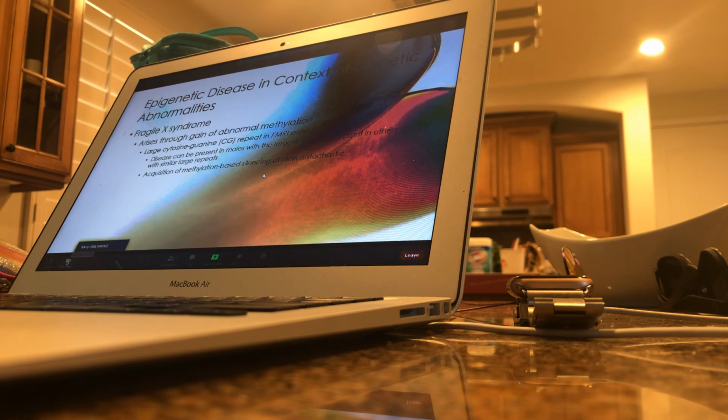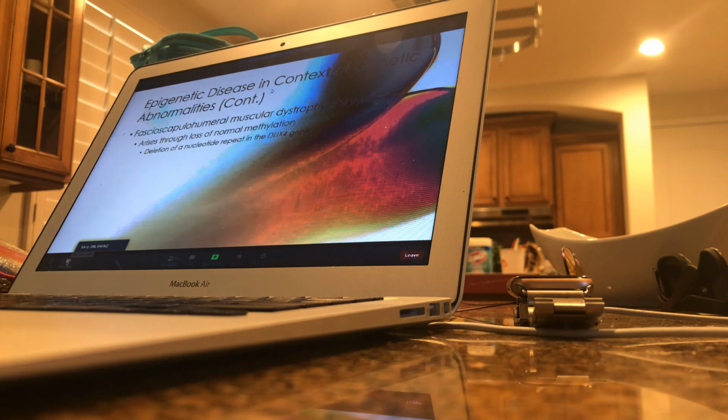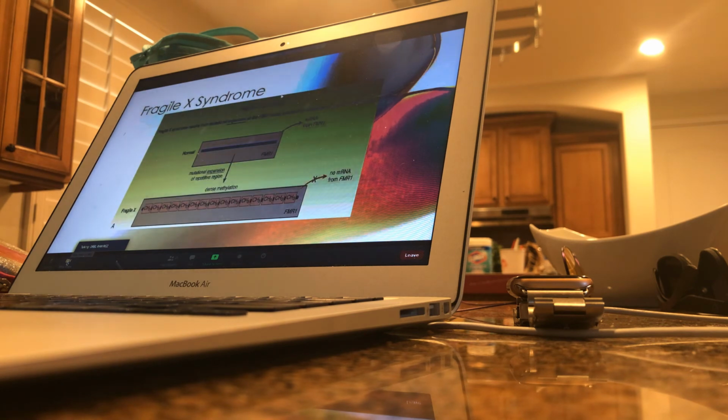Fragile X site, I'm not going to test you on. This one is a really unique form of mutation, but more than likely, this is something that you will rarely ever see in many acute care settings or hospital settings. There might be some folks who have had Fragile X syndrome that have made it past adulthood.